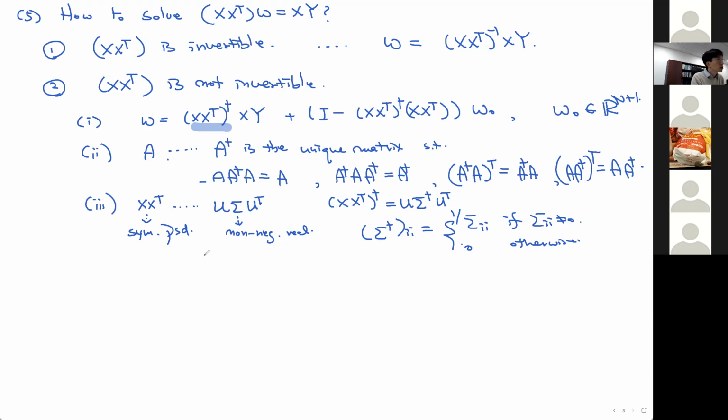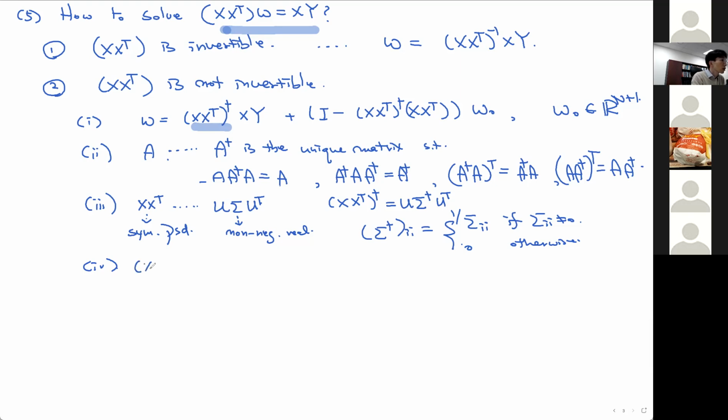Now, based on this knowledge, here's one thing we can easily check: we can show that this W satisfies the equation. So let's do that calculation here, and then I will tell you what's really going on. We do the calculation.